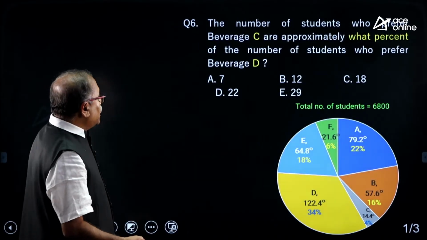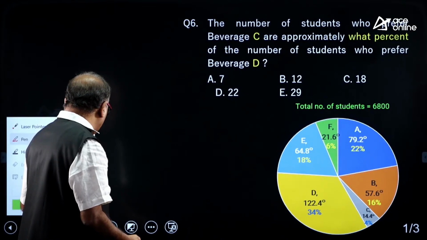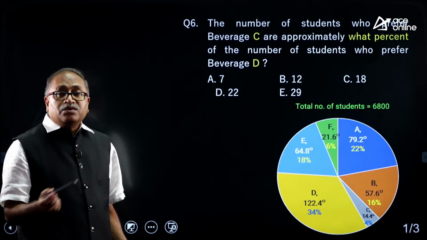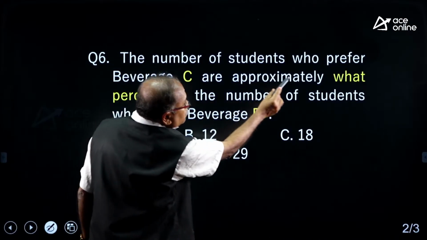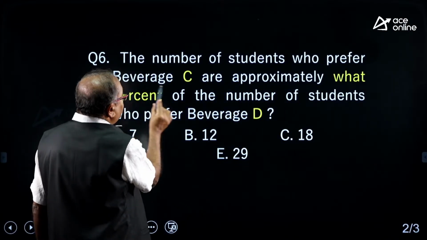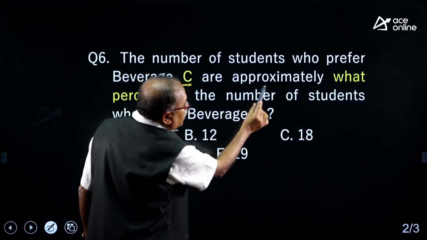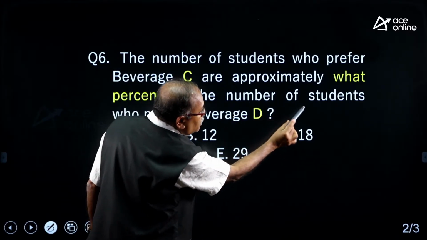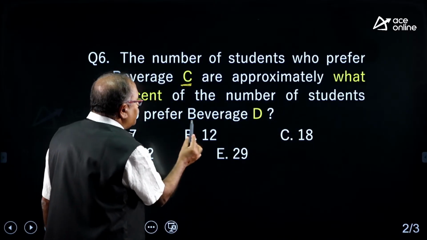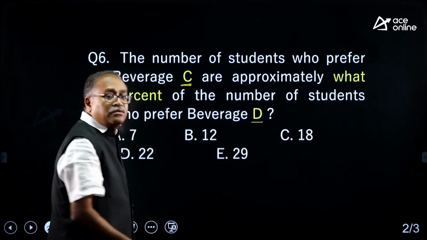Come on, this is the very first question on your board. Let us read it. The number of students who prefer beverage C are approximately what percentage of the number of students who prefer beverage D?